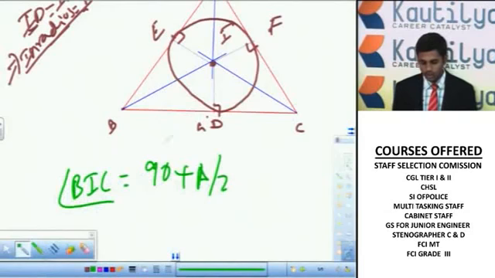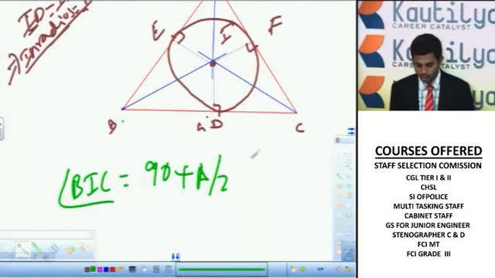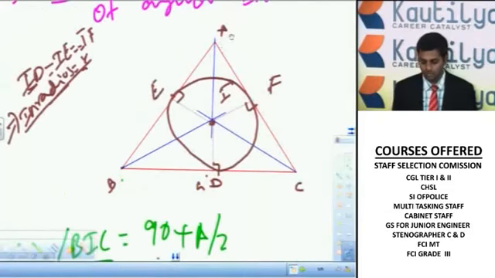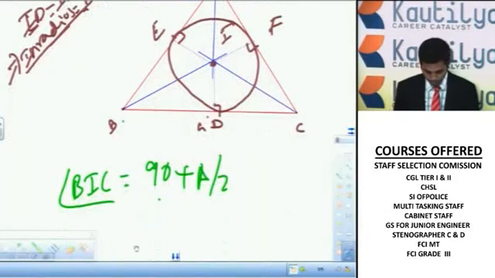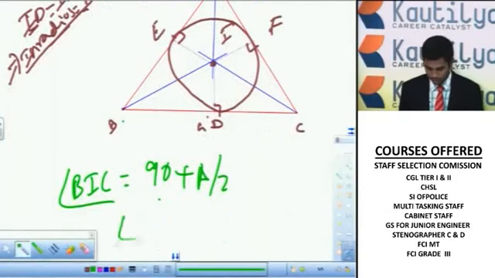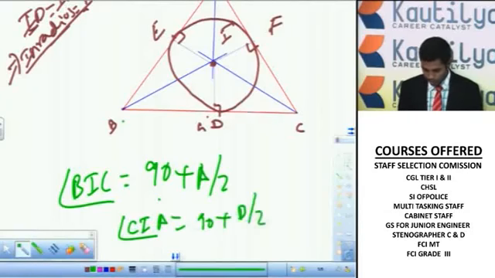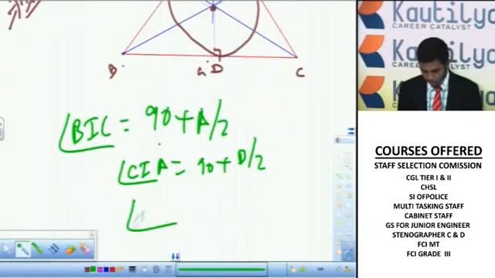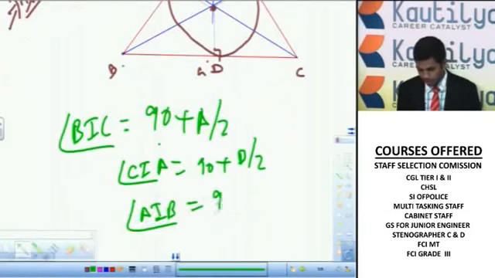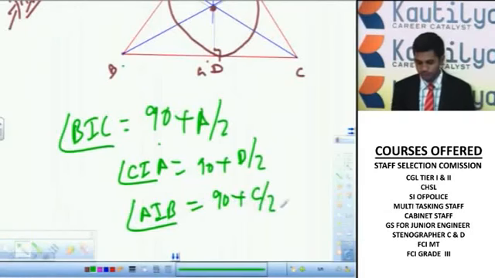That is, since you are calculating from vertices B, I, C, the angle will be 90 plus A by 2. That is, A will be the opposite one and half of that. Similarly, angle CIA will be equal to 90 plus B by 2, and angle AIB will be equal to 90 plus C by 2.